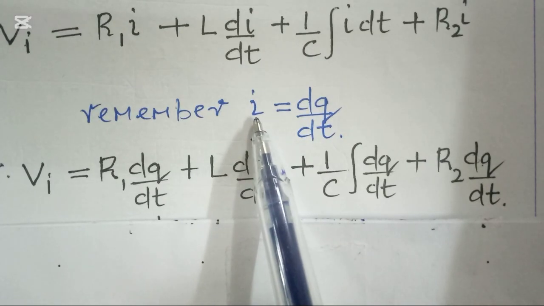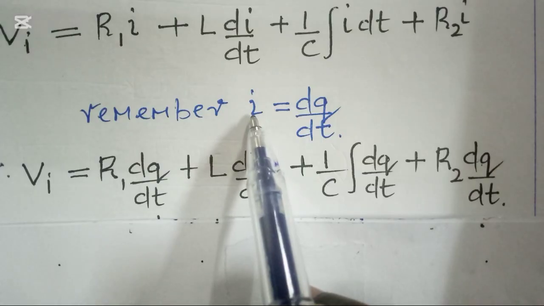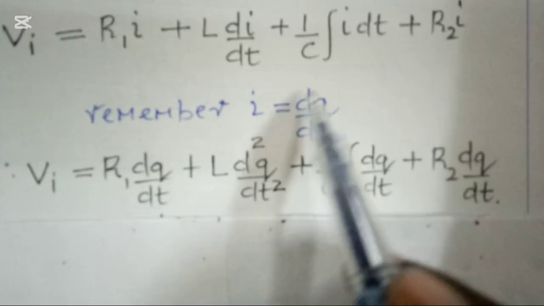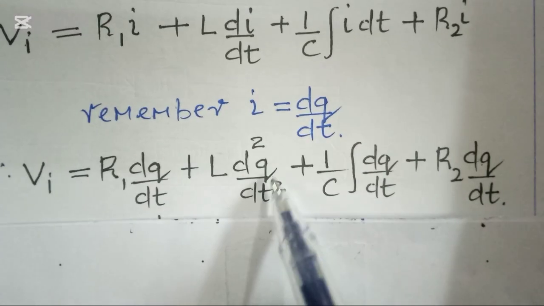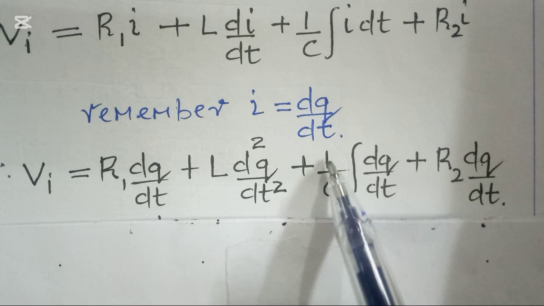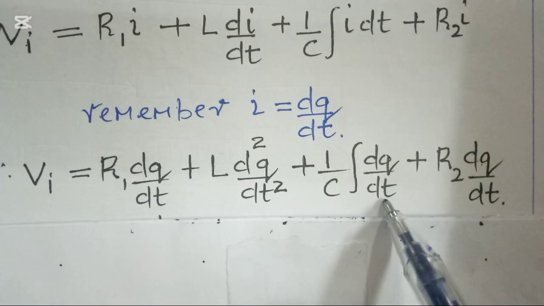So if you differentiate I once again, then this one will be differentiated once again. So we shall have the second order for that. Plus 1 over C integral I, which is dq over dt.